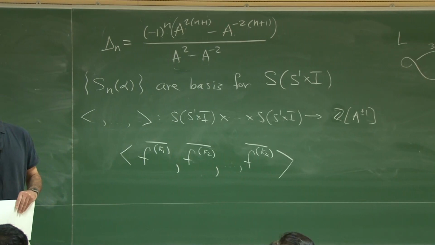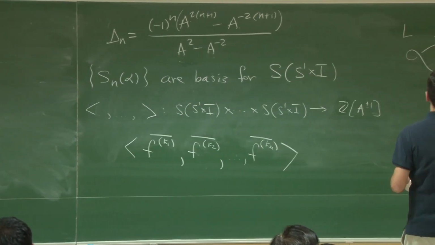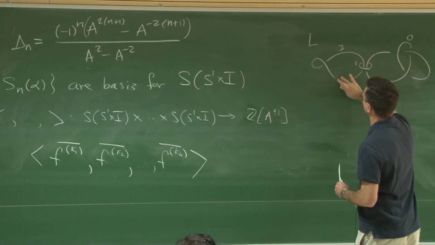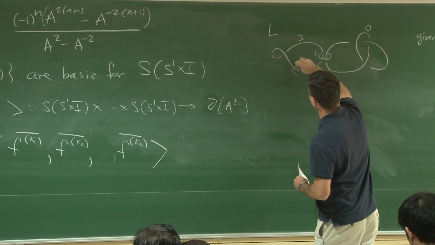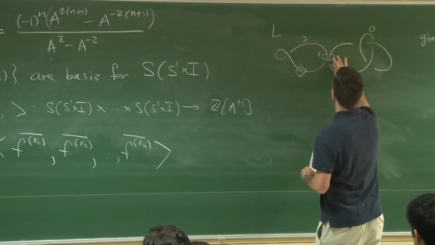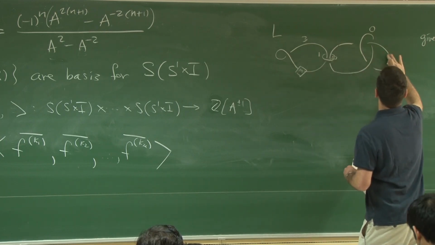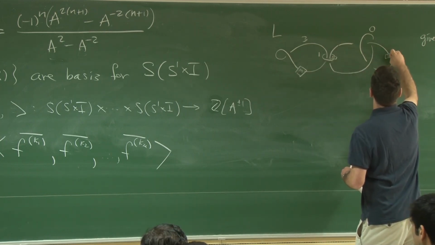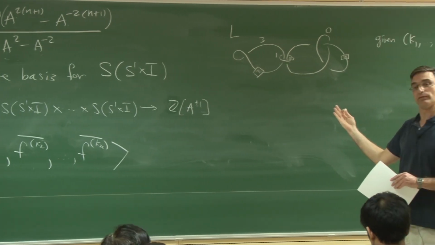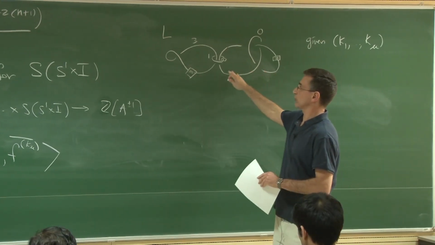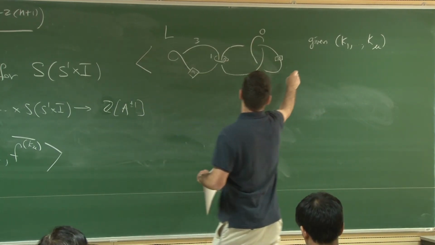So I'm taking this link and inserting a little Jones-Wenzel idempotent. If that's a 3, I put in a 3 here. If that's a 1, I put in a 1 here. And if that's a 0, I put in a 0 here. Now let's interpret this. I just performed an operation, and then I'm going to take the bracket of that.